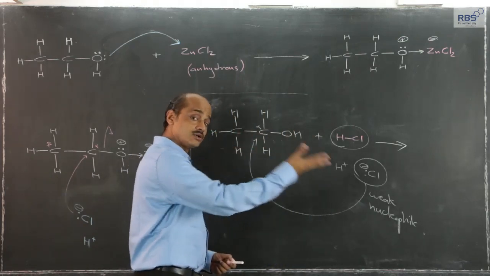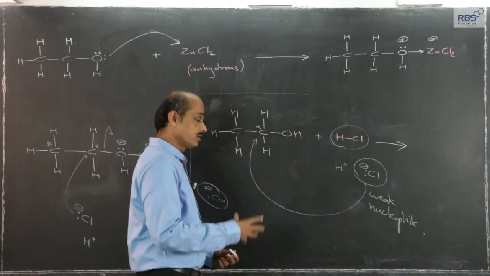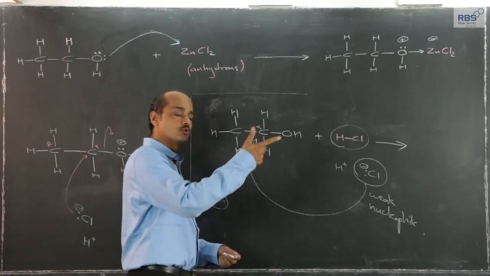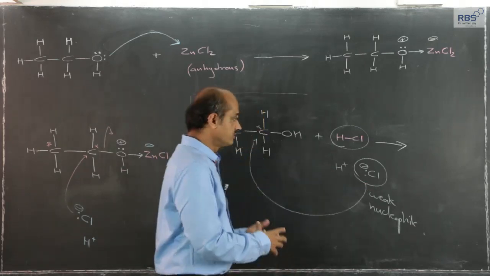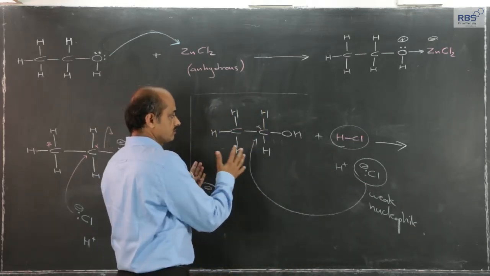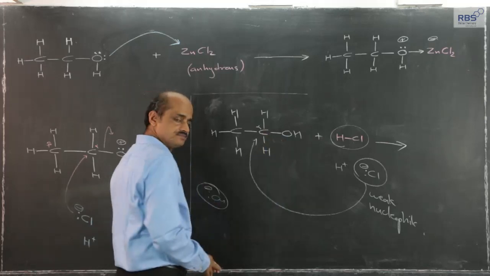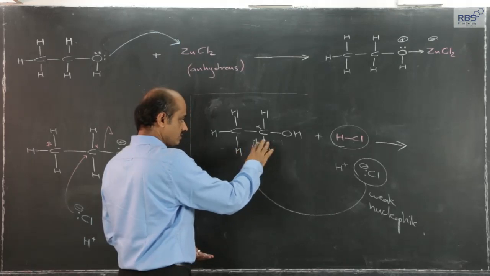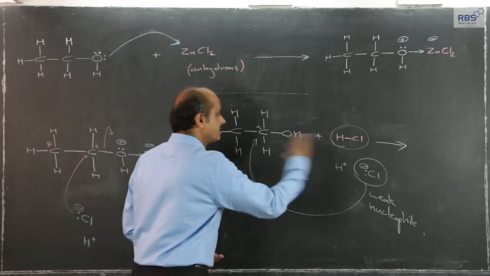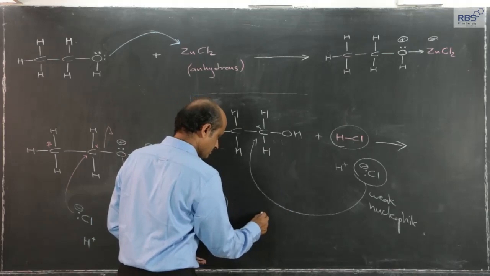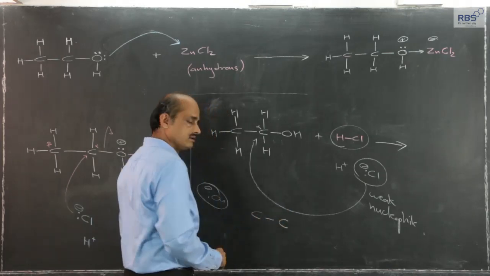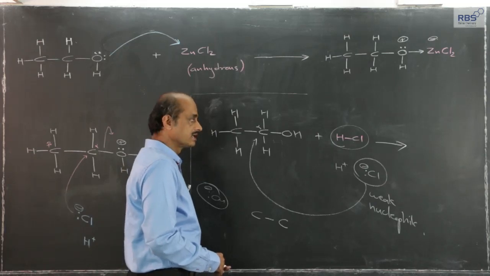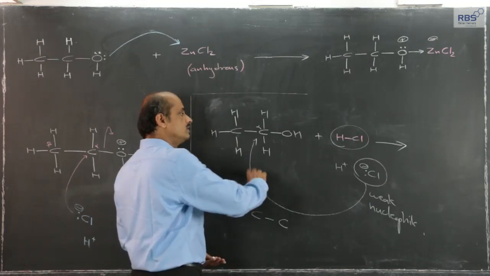Earlier, ethyl chloride to ethyl alcohol was relatively easy because the attacking group, free OH minus ion from KOH, was a stronger nucleophile than Cl minus ion. Therefore, a similar type of reaction for ethyl alcohol to ethyl chloride is possible, but for that we have to arrange certain reagents, and then only we can convert ethyl alcohol into ethyl chloride.